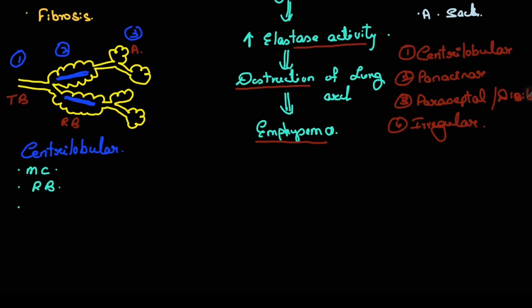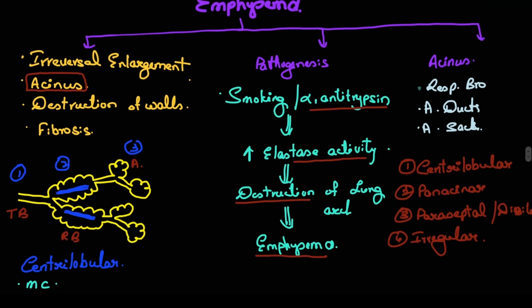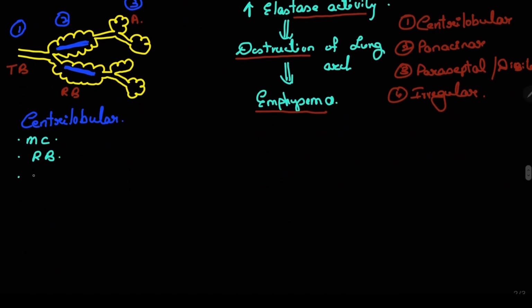And the third one is why the patient is affected with centrilobular emphysema. Means there are only two conditions. First one is smoking and the second one is alpha-1 antitrypsin. And here he is affected by smoking. And the last one is if it is a lung, majorly the upper lobe of the lung is getting affected. So this is all about the centrilobular.